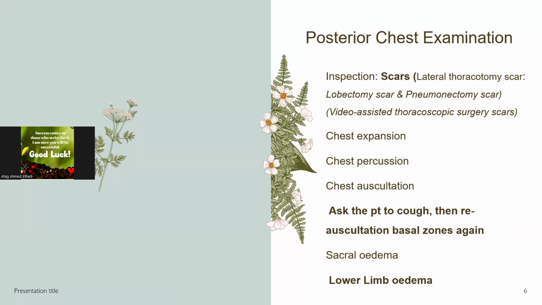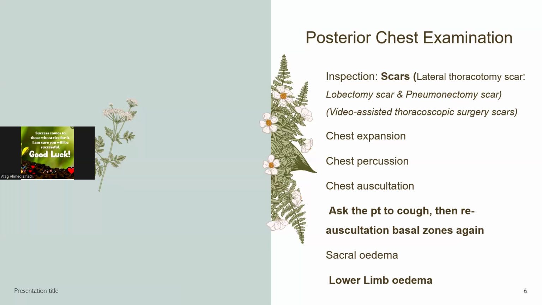So you have localized signs like reduced percussion notes. There will be dull percussion, reduced breath sounds, and reduced vocal fremitus. But if the patient has a pneumonectomy, it will be throughout: reduced breath sounds, dull percussion, and reduced vocal fremitus throughout, for example, the whole left chest wall, all sides.